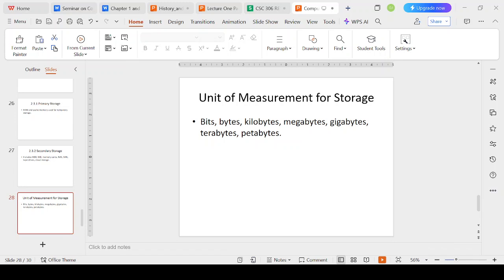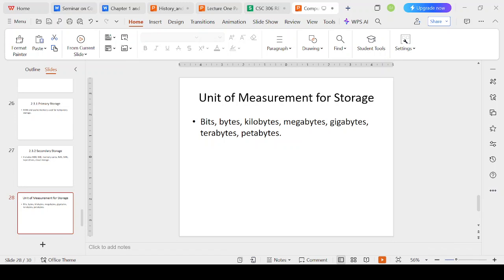I have told you that 8 bits make up 1 byte. The higher units are kilobytes. 1024 bytes is equal to 1 kilobyte. 1024 kilobytes is equal to 1 megabyte. 1024 megabytes is equal to 1 gigabyte.